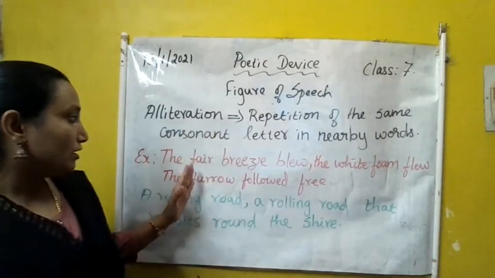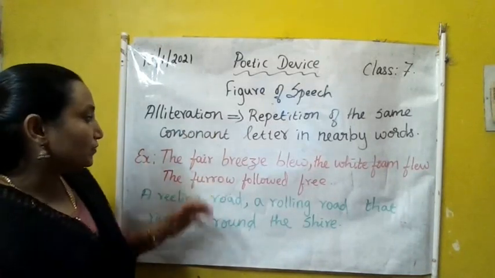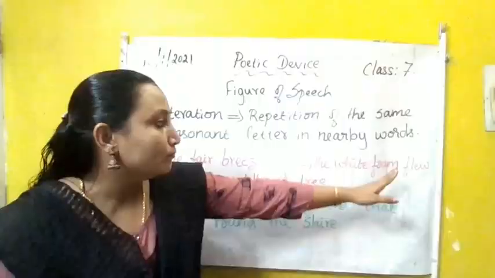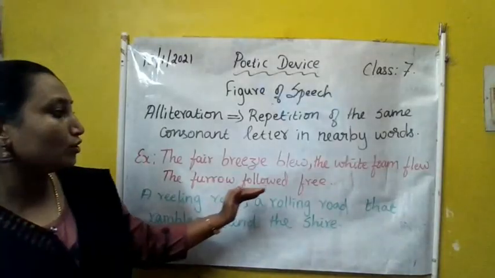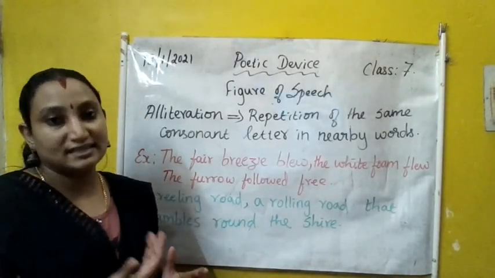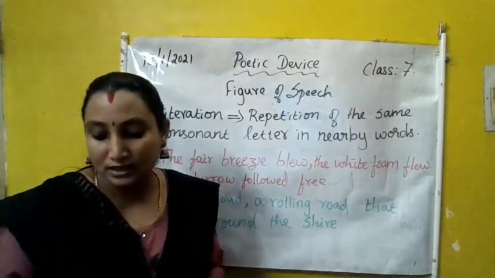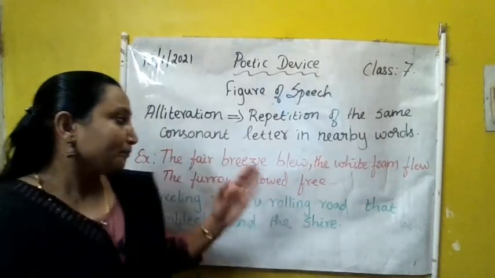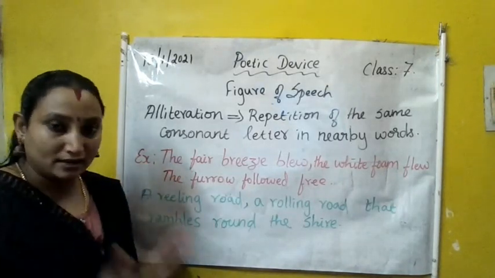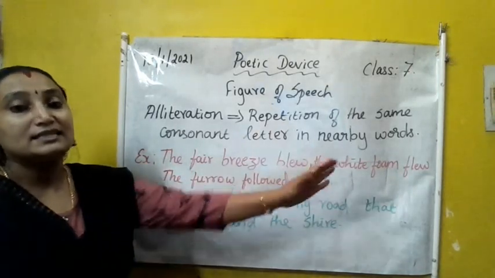Let's see an example. Look at the first one. The fair breeze blew, the white foam flew. The furrow followed free. While reading this particular line, it gives a musical sense, isn't it? We can feel a music. Here, what are the consonant letters which have been repeated in the same line?